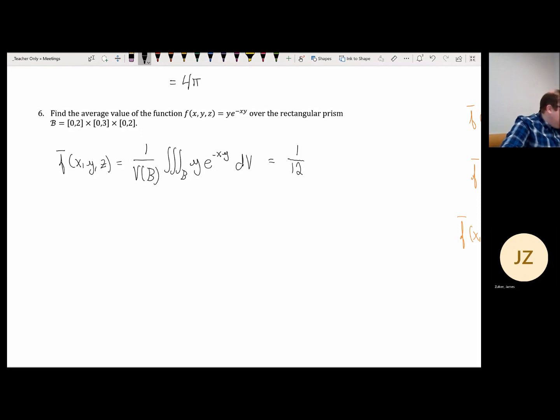I just want to be safe. Why is it negative? This I did not. Wait, yes, I did. I just didn't simplify it. Okay. Perfect.